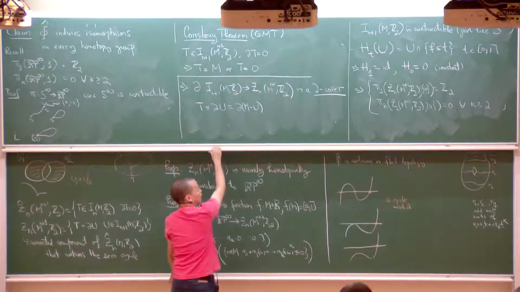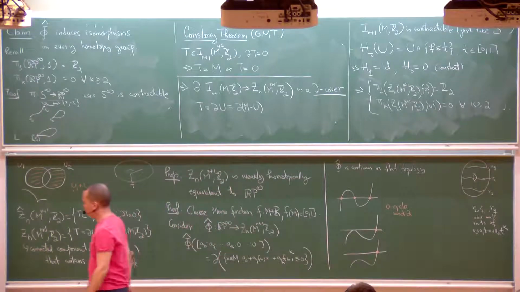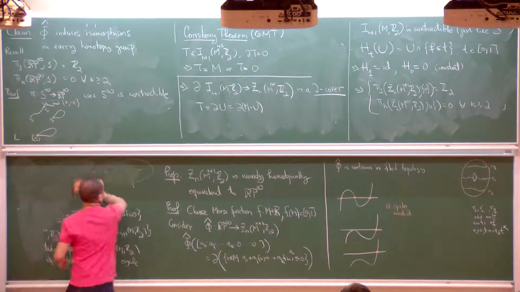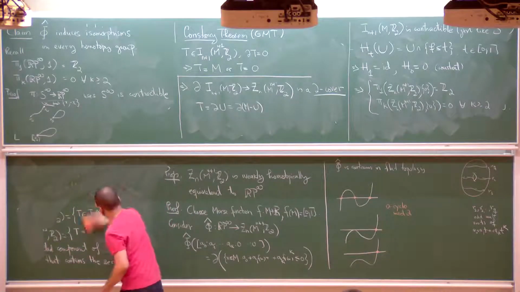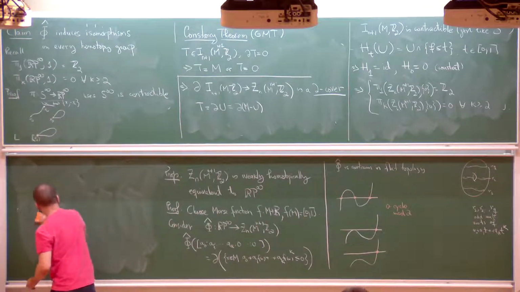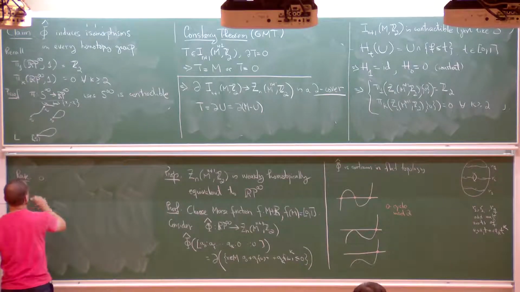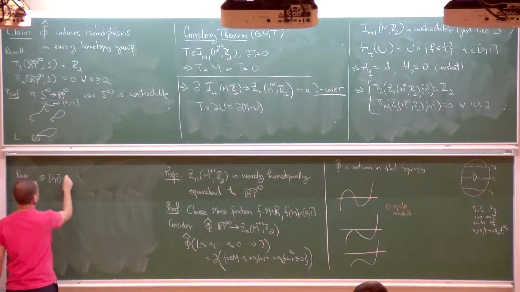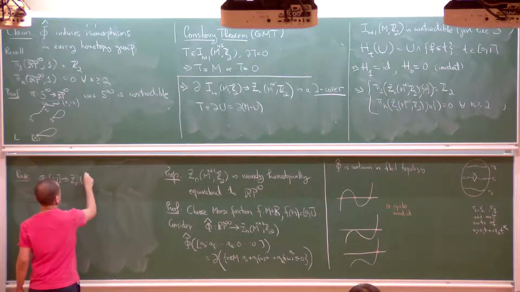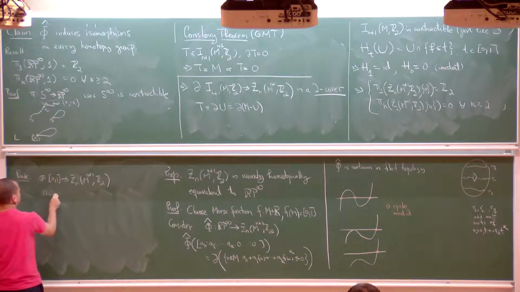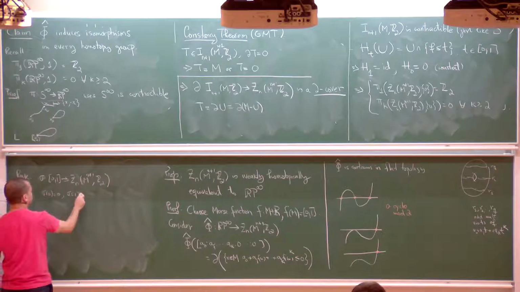So how does one detect whether a loop is trivial or not? So the remark is that if you give me a map, say sigma, from the interval [0,1] to the space of cycles, suppose that sigma of 0 equals 0 and sigma of 1 is also 0.